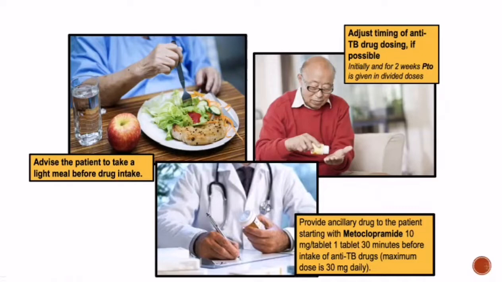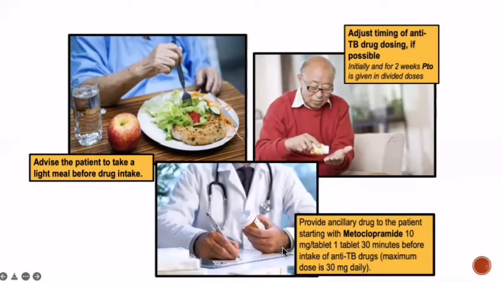For our shorter oral regimen and individualized treatment regimen containing the drug prothionamide, you may start prothionamide in 2 divided doses that will be given in the morning and evening for the first 2 weeks of treatment, if total daily dose is more than 250 milligrams. Once tolerance has improved, you may change prothionamide dosing to once daily after 2 weeks.